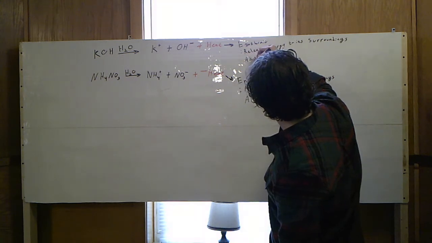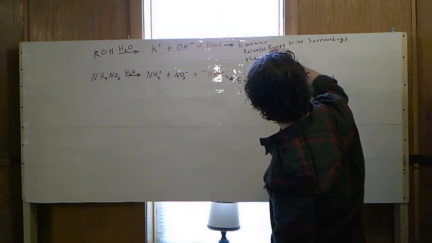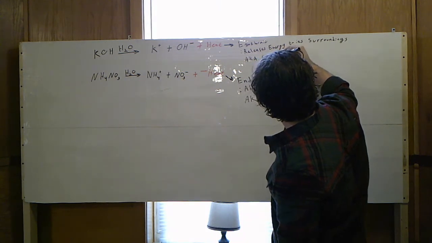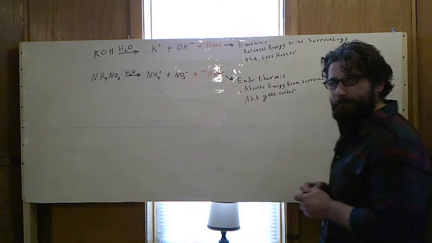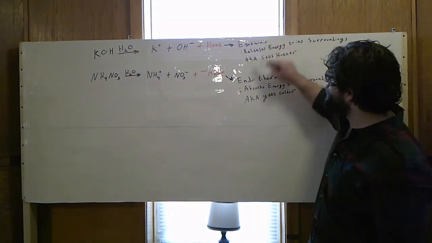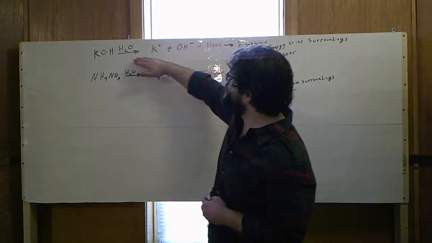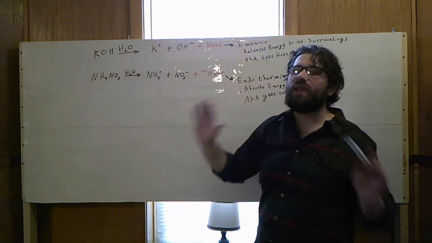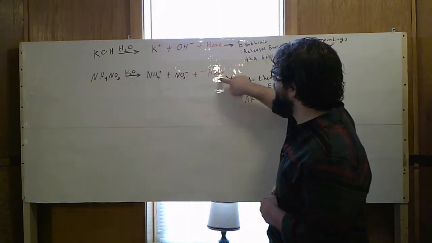AKA gets hotter. Okay. So that's vocabulary that you're going to need to know. You're going to need to know exothermic and endothermic. Okay? You're going to need to be able to write out an equation, which we've done plenty of, but be able to add in this plus heat or this minus heat.